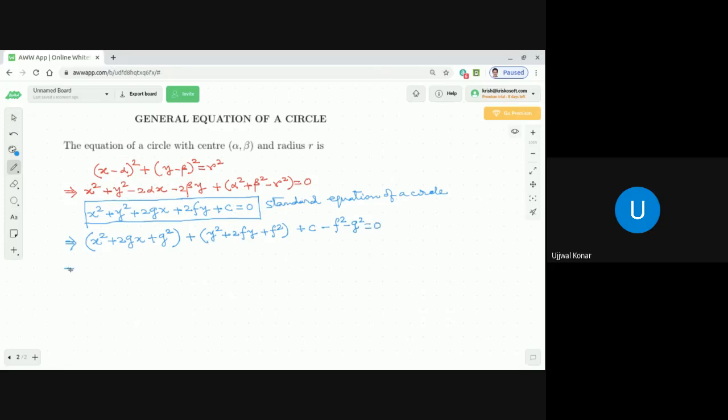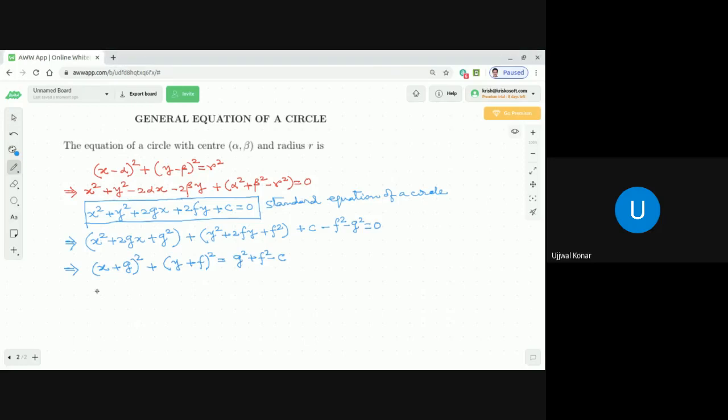So from here, what we do, dear students, is that this implies x plus g whole square plus y plus f whole square is equal to g square plus f square minus c. Correct?